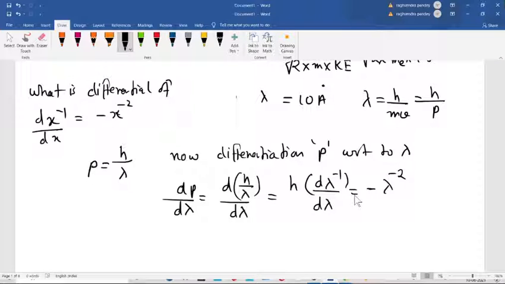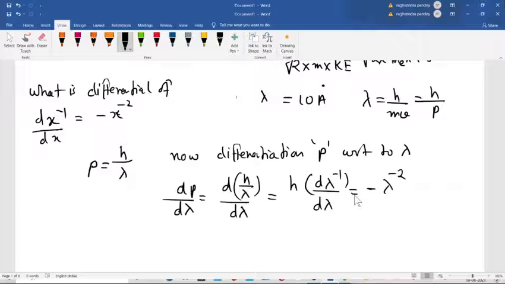So h cancels out with h, and 4 pi cancels out with 4 pi. So we can write this equation as delta lambda is equal to lambda square upon 25. Everything else will cancel out.